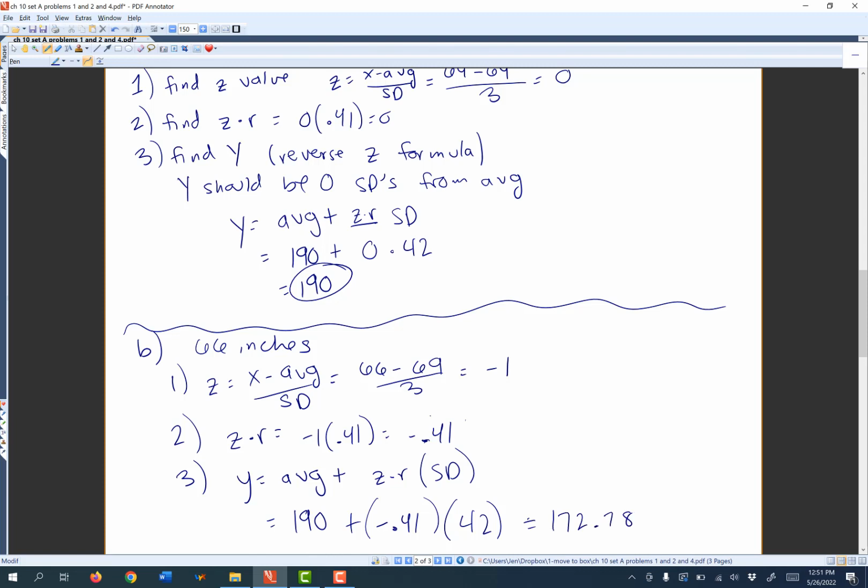So the logic here says Y should be 0.41 standard deviations below the average.